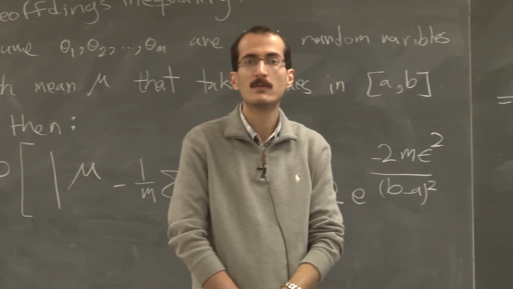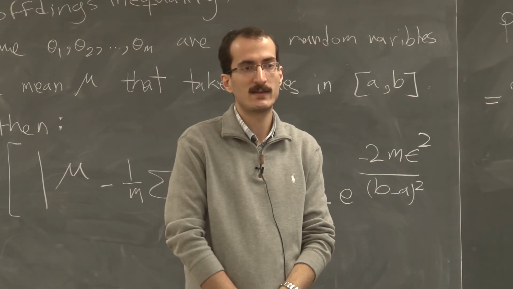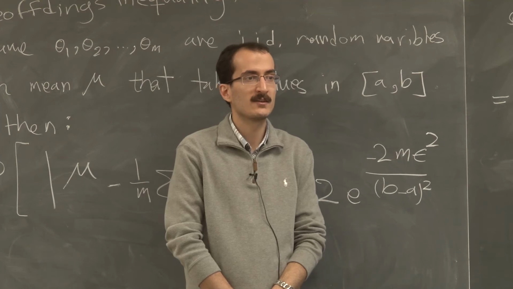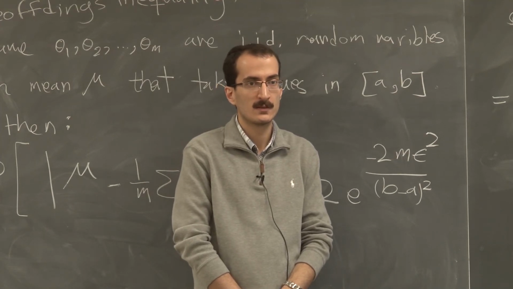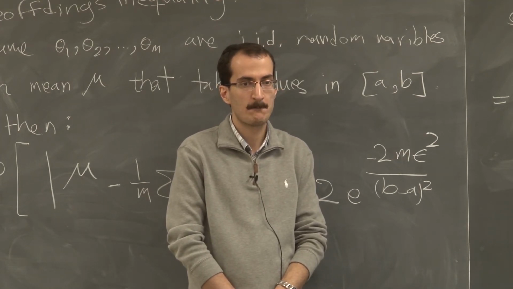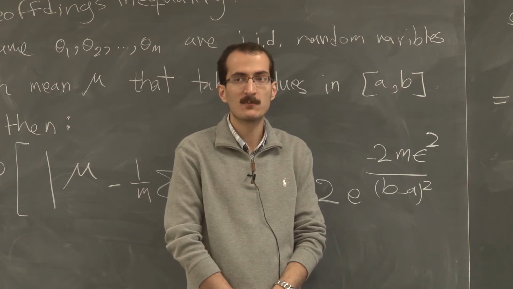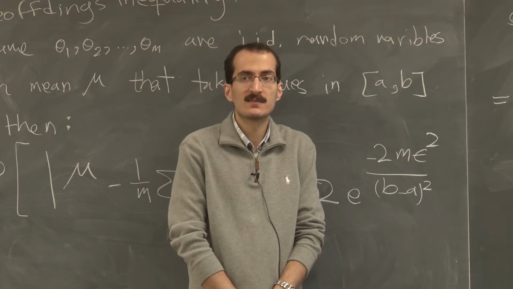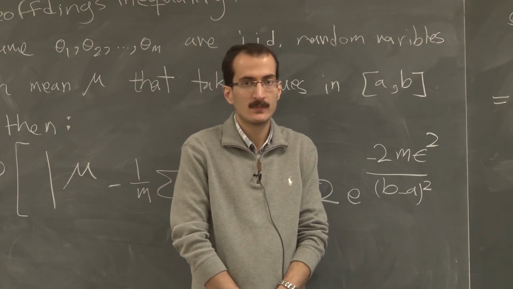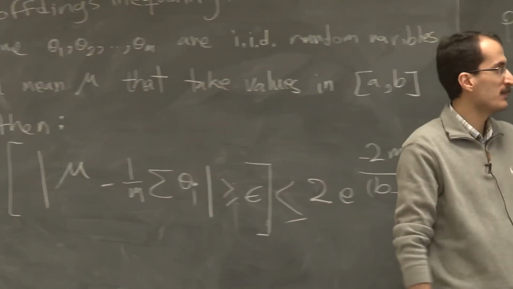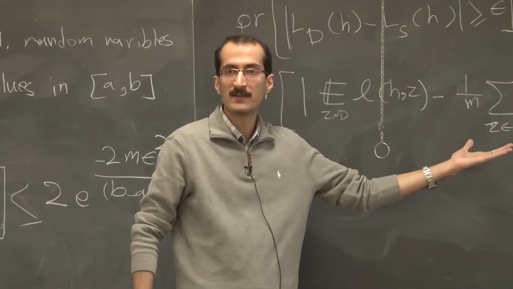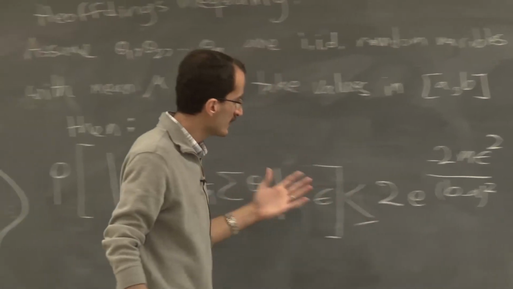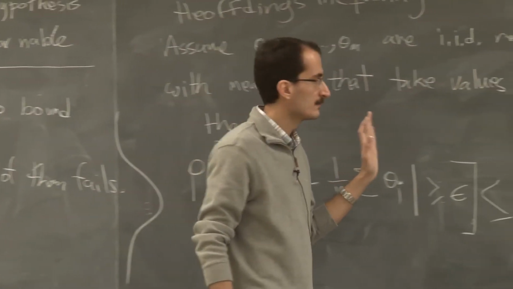Yep, we usually take 0 and 1. In binary classification, we assume the error is between 0 and 1. So I'm working with random variables between 0 and 1. I have one empirical average of them and the true average of them. So I can simply use this inequality.